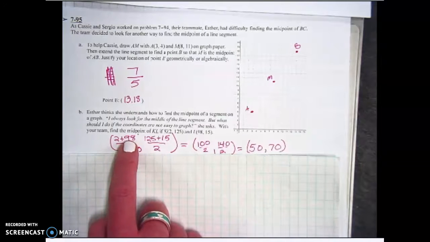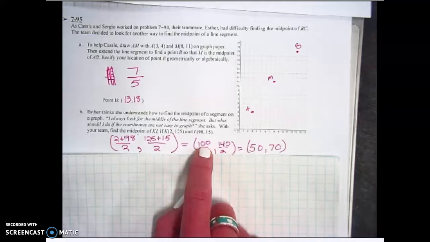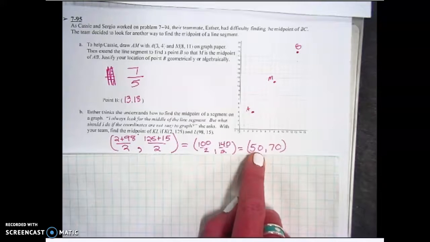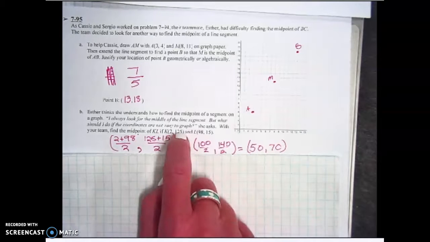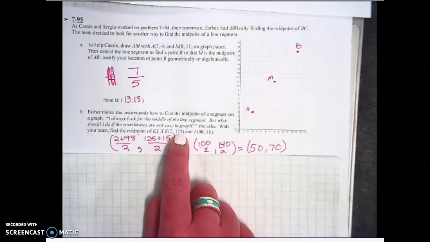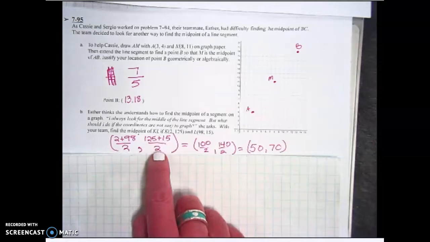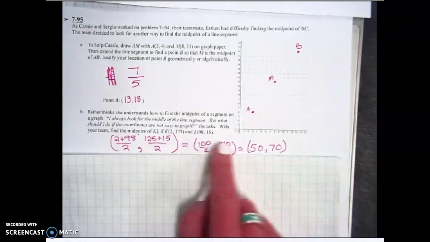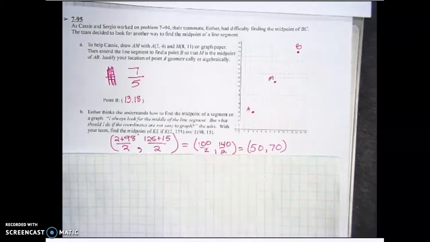The 2 and the 98 is going to get you 100, and then you have to divide it by 2. So you're going to end up at 50. Then you're going to do the same thing for the y's. So you're going to take the 125 and the 15, add those two together, and divide by 2. So 125 plus 15 is 140. Divide that by 2 to get to 70.